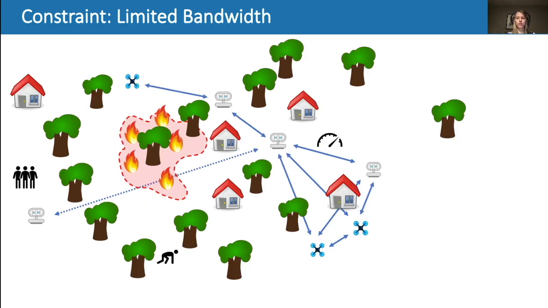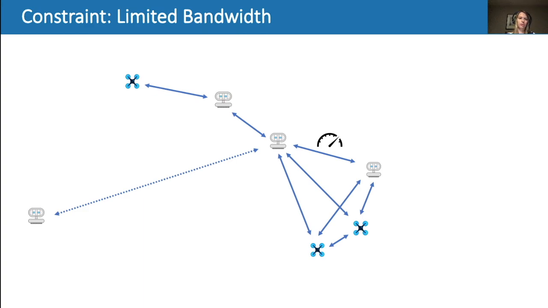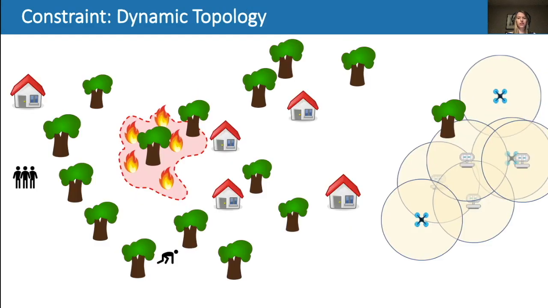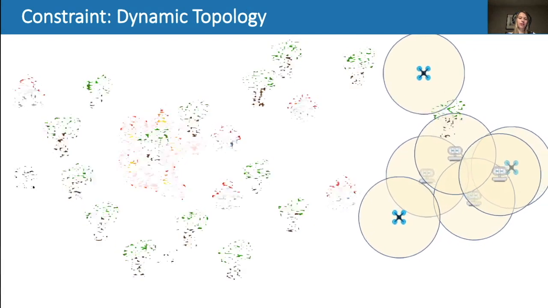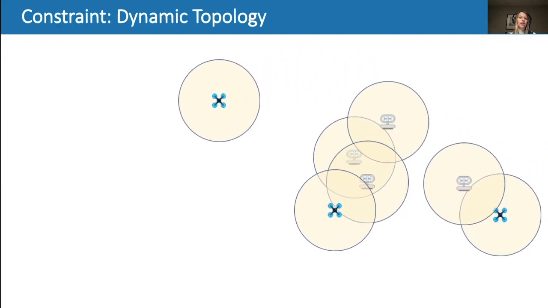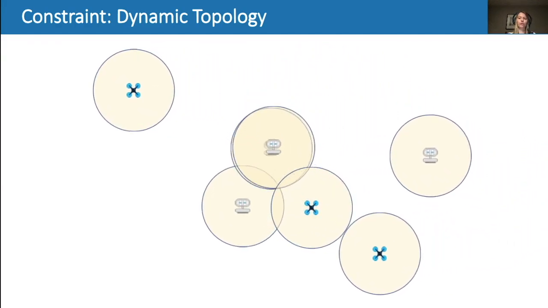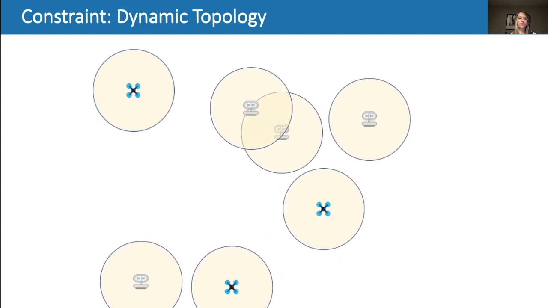The second constraint we consider is limited communication bandwidth. We want the robots to devote as little bandwidth as possible to the housekeeping required by our data structure. The third constraint we consider is that the communication topology is highly dynamic due to the fact that robots are free to move according to mission requirements.